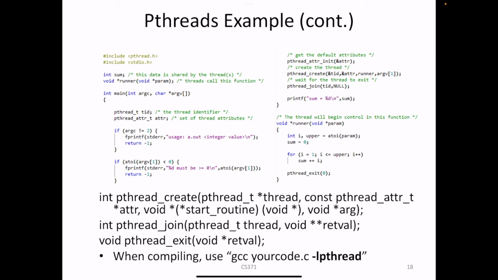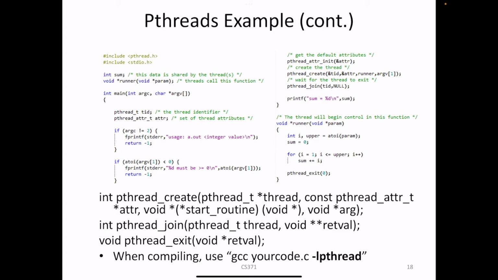Within the main function or main thread, you declare a variable tid to hold the pthread ID of the separate thread or child thread. We also declare another variable attr, which is used to initialize the set of thread attributes. Then we have two if statements to check the input parameters, which you pass from the command line into this program.